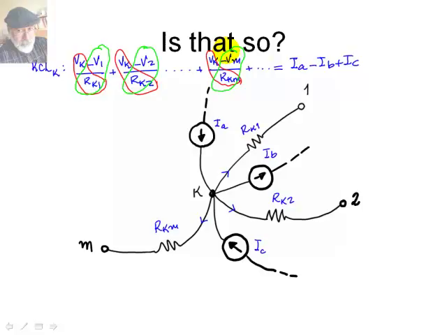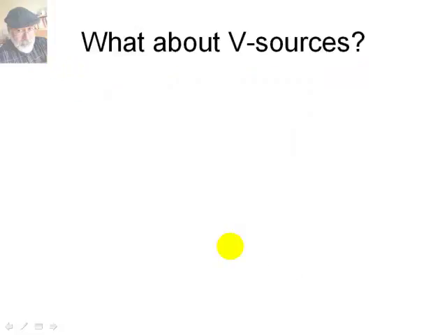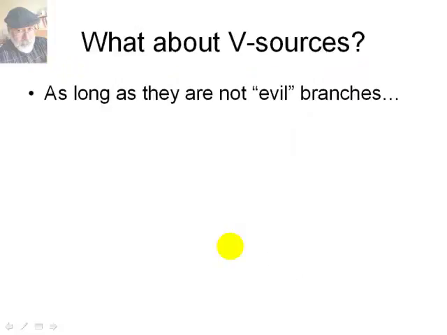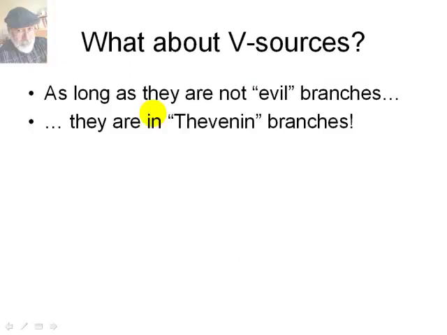And I use the word admittance because you could use impedances here as well, and phasors for those current sources. What happens if we have V sources? As long as those sources are not evil branches, this will work. Why is that? Because they would be in a Thevenin branch, a V source in series with a resistance.